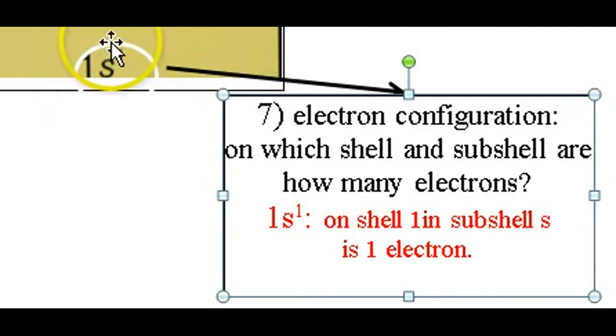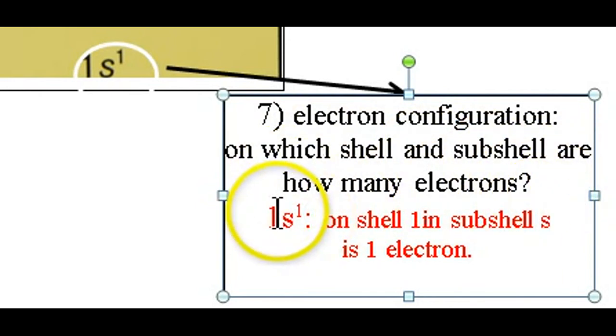Finally, we look at the numbers and letters at the bottom of the element's section in the periodic table of the elements. For hydrogen, it says 1s1. This is called the electron configuration. It tells you on which shell and subshells how many electrons are.